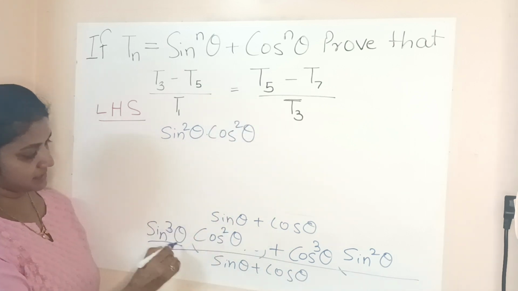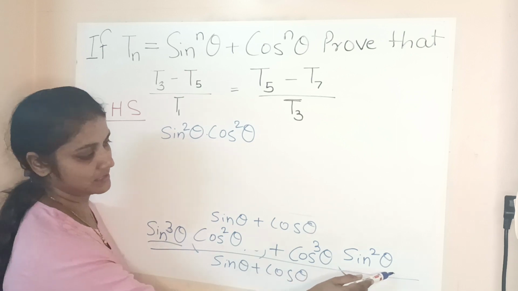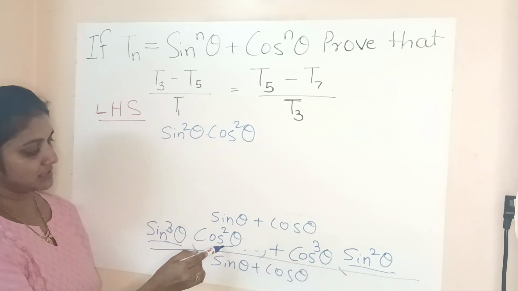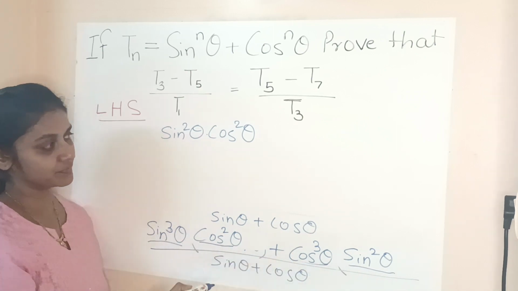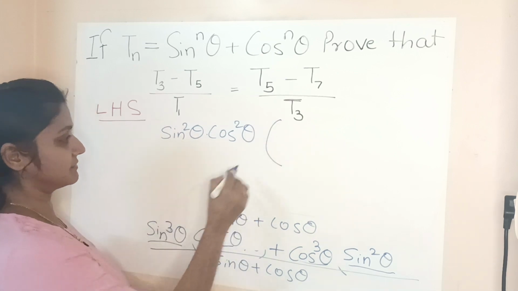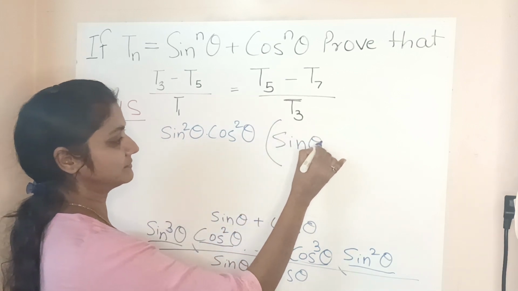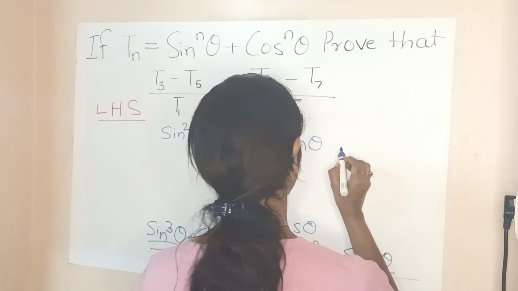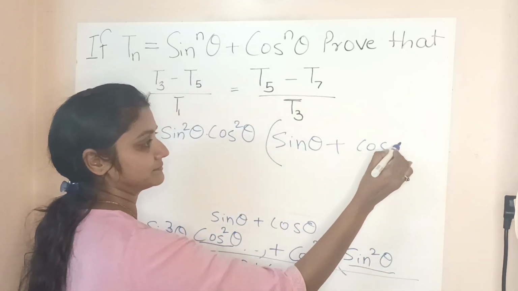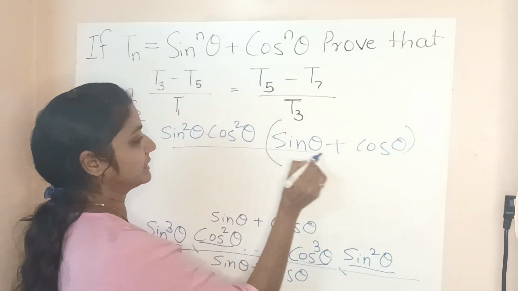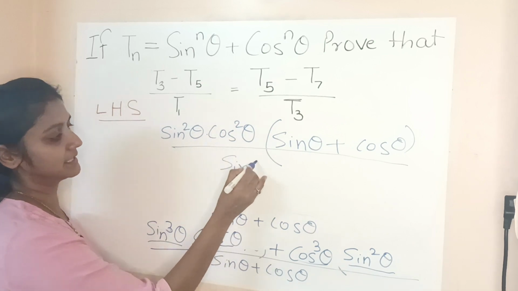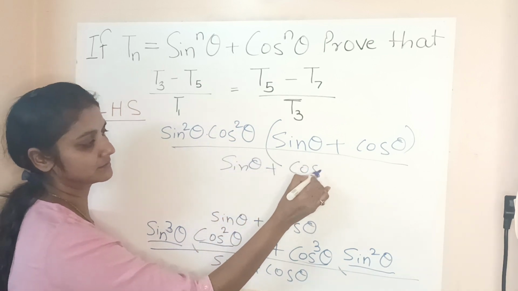See here, it is sin square theta, here also sin square theta; here cos square theta, here cos cube theta. So I'll write inside: here one sin theta will remain, and from here one cos theta will remain. And the denominator I have sin theta plus cos theta.